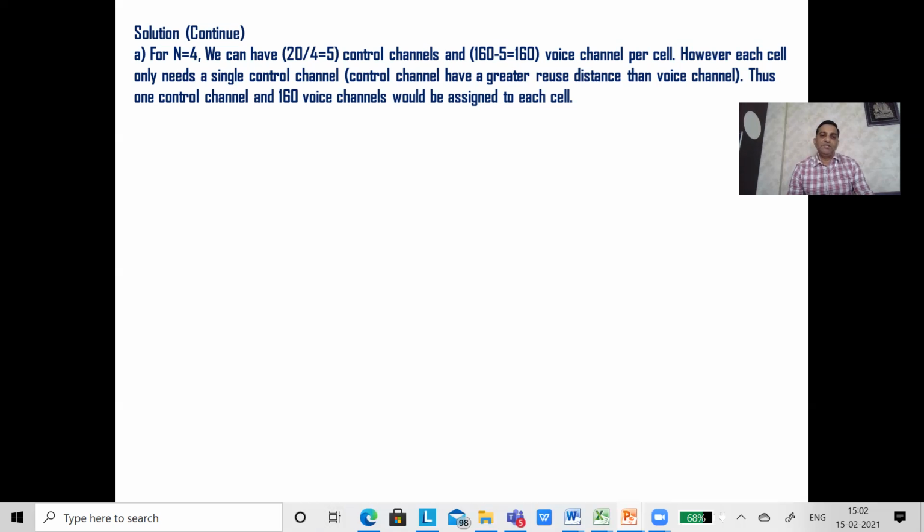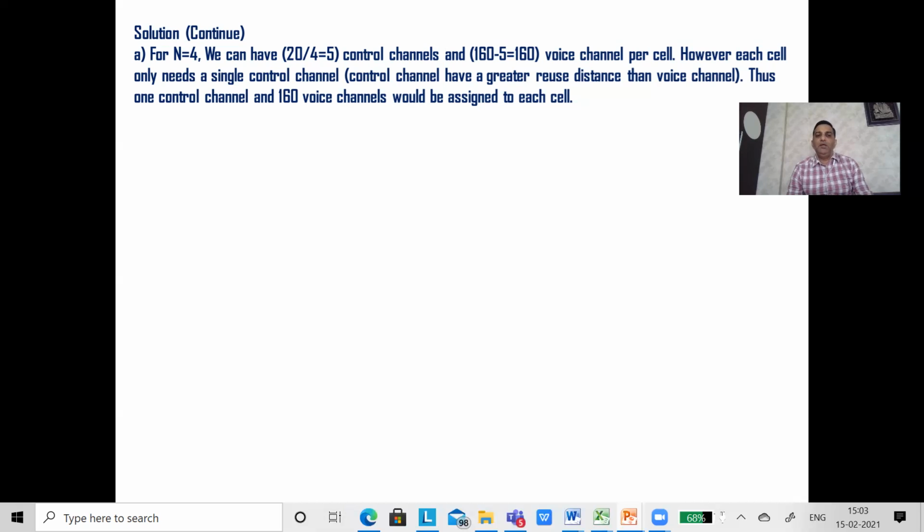Let's have a look at system A. Here N is equal to 4. So we can have 20 by 4, that is 5 control channels. So 5 control channels can be equally divided in the N equal to 4 pattern.